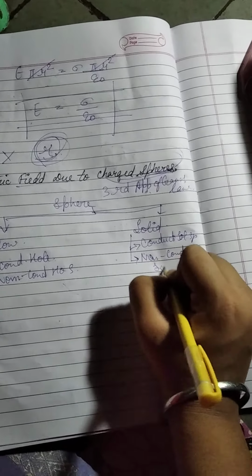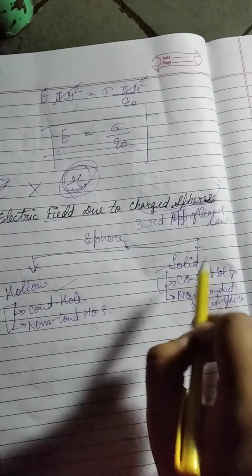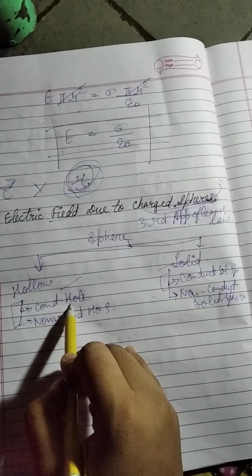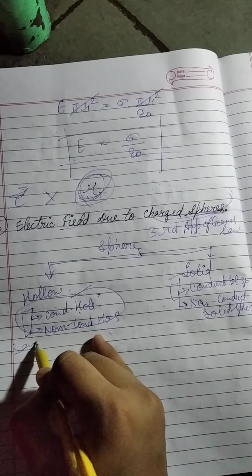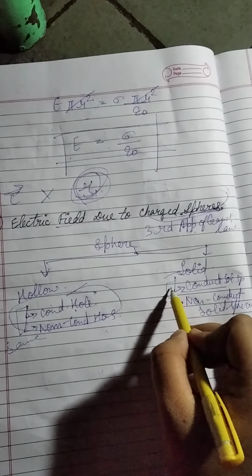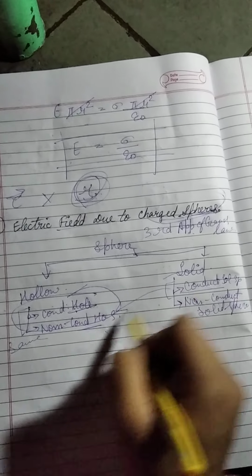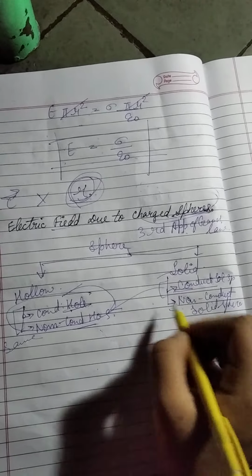So it is of two types, and in two types also four types are there, but three types of sphere are same, means these both are same, and this conducting sphere is also same as this, means this and this is same, and this fourth one is different.